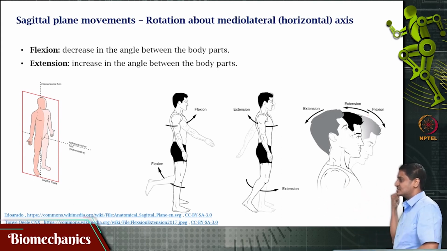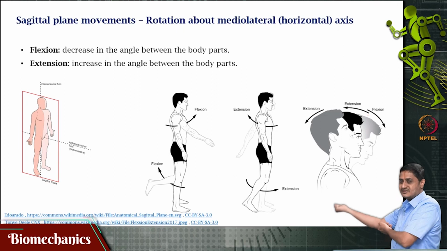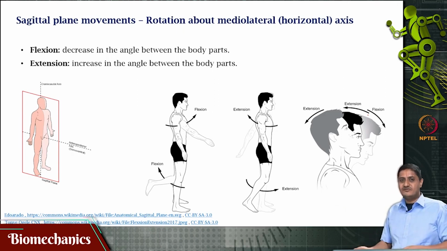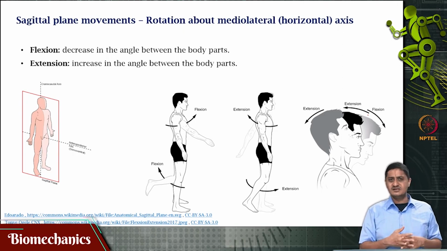When I am doing flexion or extension, the movement is happening about the mediolateral axis that is passing through the elbow joint here. So, flexion is reduction in the joint angle between body parts.